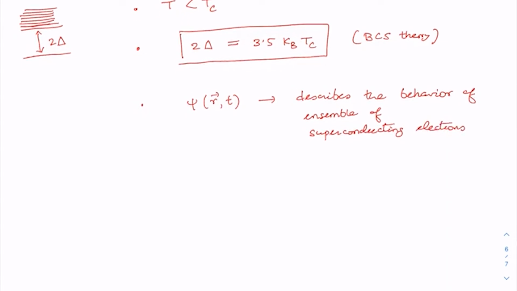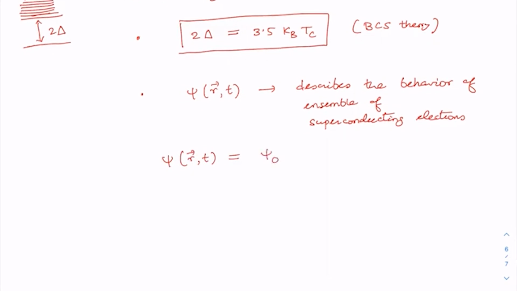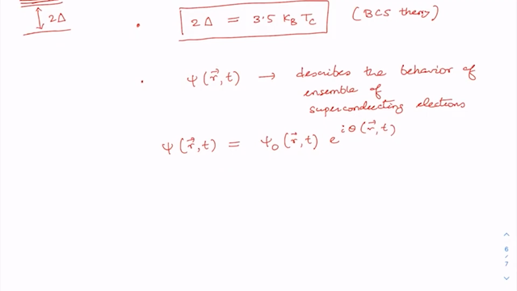They postulated that this wave function ψ(r,t) is equal to ψ0(r,t) e^{iθ}, where θ is the phase of the superconducting electrons. It was assumed that all the Cooper pairs have the same phase θ, and therefore macroscopic variables depend on this important quantity, the phase θ.